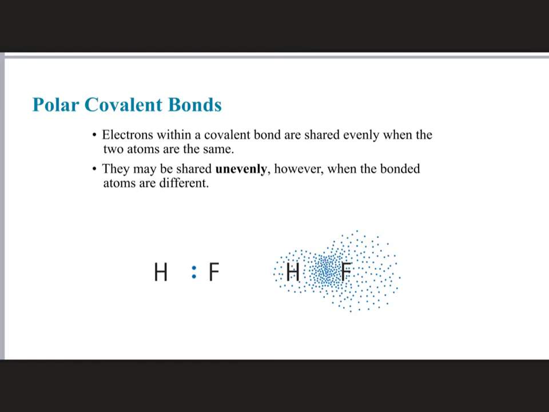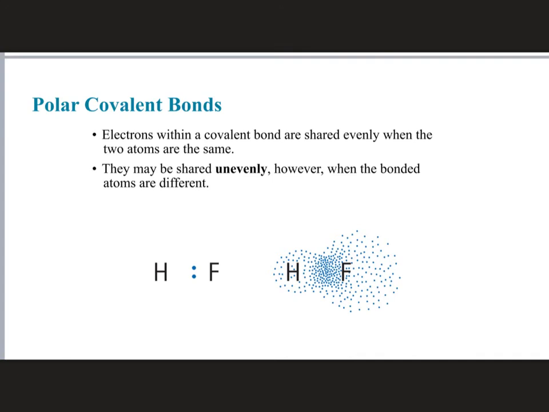The fluorine actually has a stronger pull on that electron, and so the electron spends more time around the fluorine than it does around the hydrogen. This is showing you the probability that the electron is going to be in a particular part of space surrounding the atom. Most of the time the electron is spending time where that bond is, but occasionally it's flipping back and forth into other places.